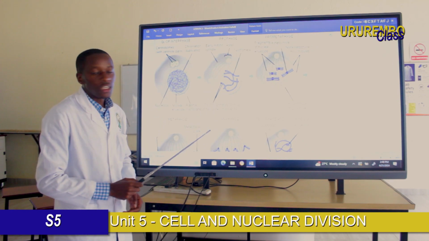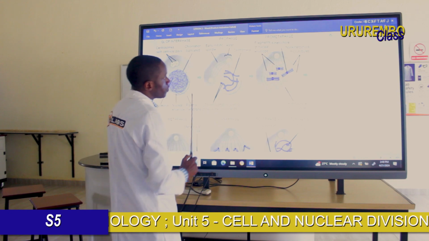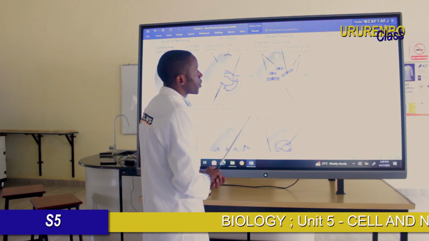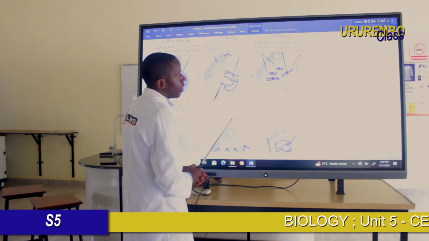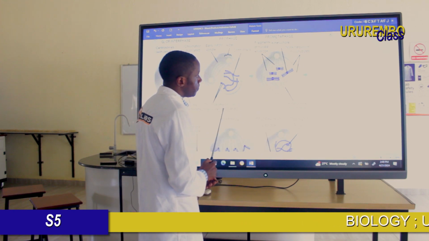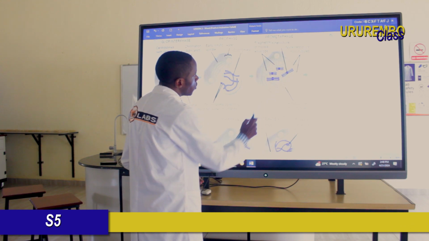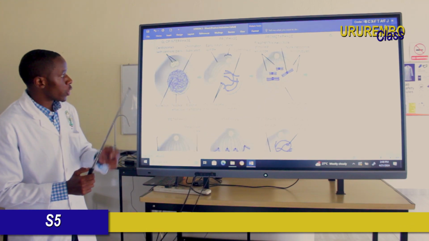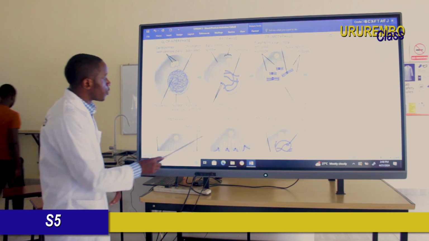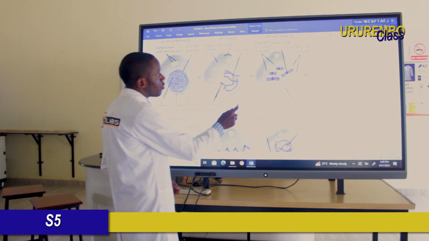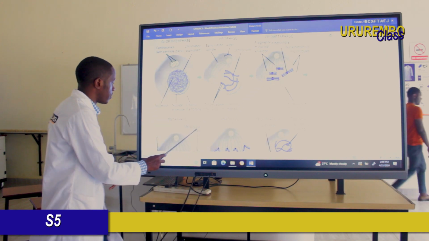It starts to disappear in this prometaphase, the preparation of metaphase. And also there are what we call non-kinetochore microtubules that we find here. Kinetochore microtubules also exist. Then it is followed by the next phase, called the metaphase.